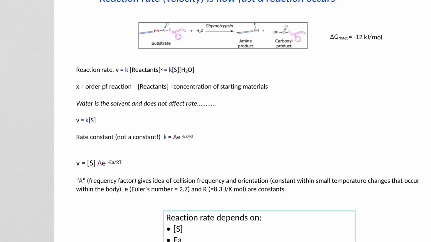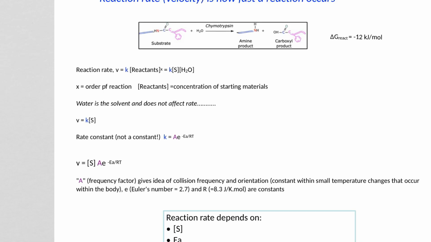In the case of chymotrypsin, the concentration of the reactants will be the concentration of this protein substrate and water. Now water, however, is the solvent, and that does not affect the reaction rate. So we can ignore water. So the velocity of this chymotrypsin reaction would depend on k multiplied by the concentration of the protein substrate.